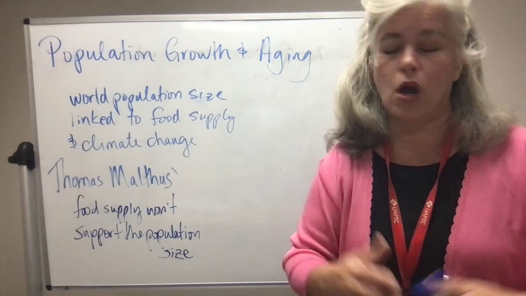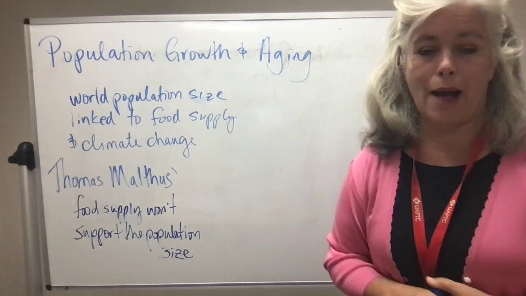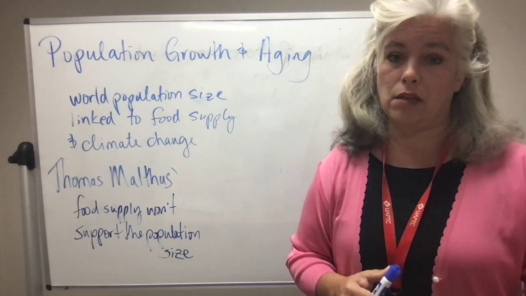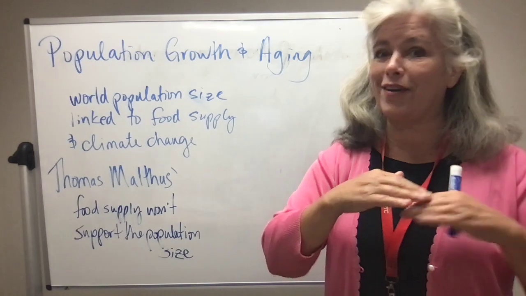So that's one of the major problems that we see, such terrible absolute poverty worldwide and starvation in a lot of places worldwide, because the food supply, we've got that down pat.